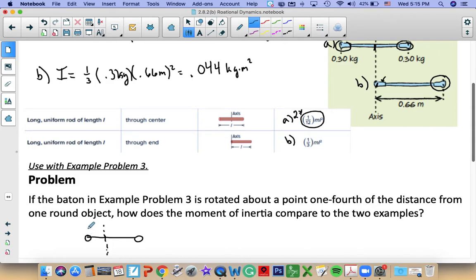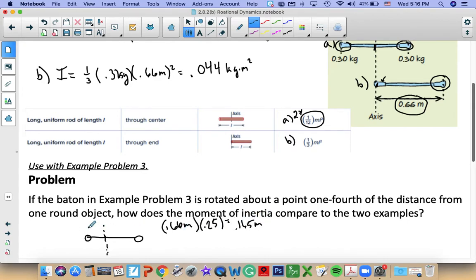So let's use our length that we had up there, 0.66, and that'll kind of help us break this into pieces. So 0.66 times 1/4, right? So I'll write that down. 0.66 meters times 1/4, which is 0.25, and that's going to tell us that we have 0.165 meters.